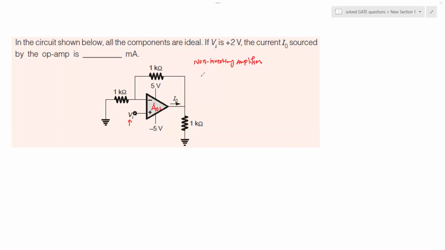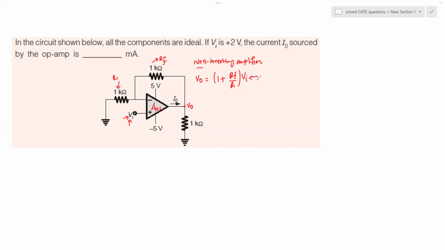So as we can know already, the output voltage, in the case of non-inverting amplifier, can be written as 1 plus RF over R1 multiplied by VI. So here is your VI. RF would be this value of the resistor, which is the feedback resistance, and R1 would be this resistor.